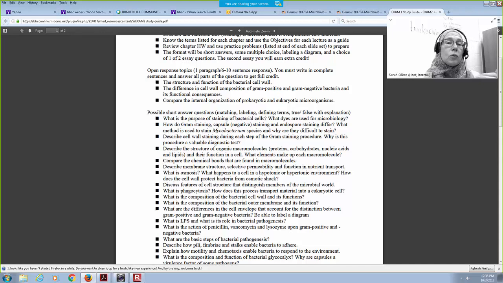Then from Chapter 4, just know the role of the cell membrane, its selective permeability, what I just went over, and osmosis and tonicity.